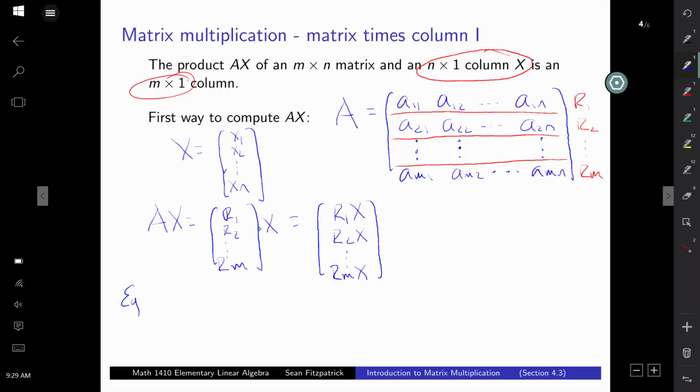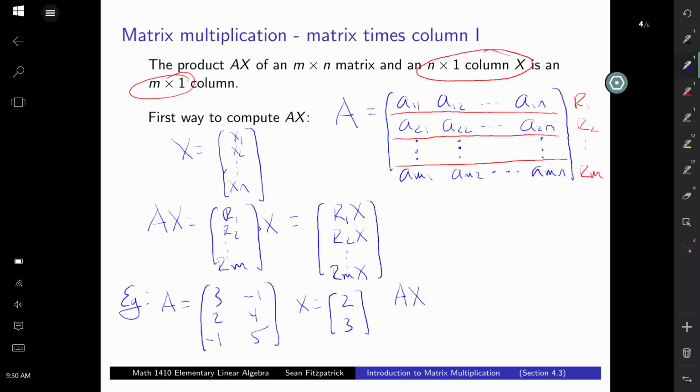So just to give you a quick example, maybe A looks like, let's say 3, minus 1, 2, 4, minus 1, 5, and X looks like, let's say 2, 3. Right? So A times X is going to be what?